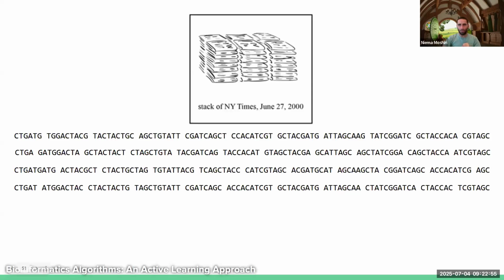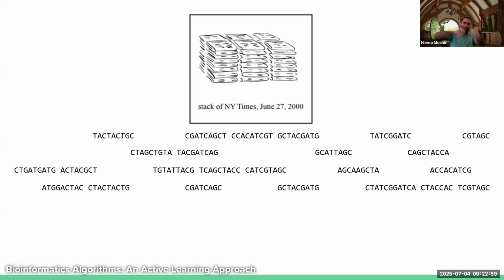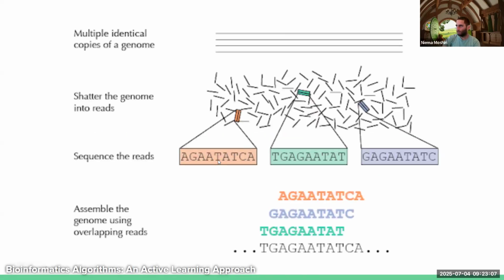And then the sequencing machine, you can imagine you're closing your eyes and randomly grabbing whatever fragments you can. So the sequencing machine randomly sequences some of those. And our goal is, from those tiny fragments, how do we look at their overlaps to reconstruct the whole genome sequence?